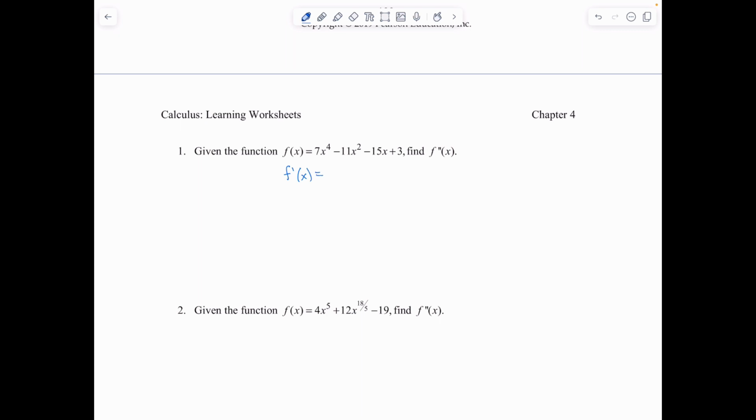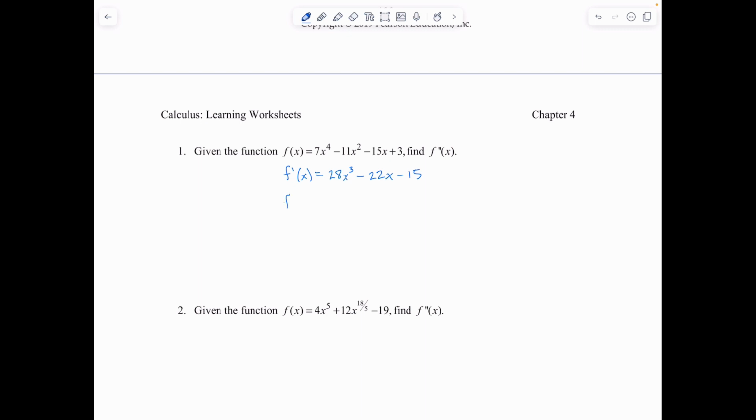The derivative of 7x to the fourth is 28x cubed, the derivative of negative 11x cubed is negative 33x squared, the derivative of negative 15x is negative 15, and the derivative of 3 is 0.